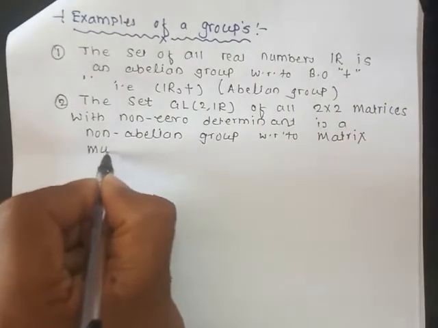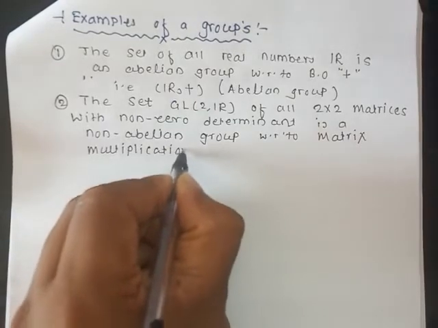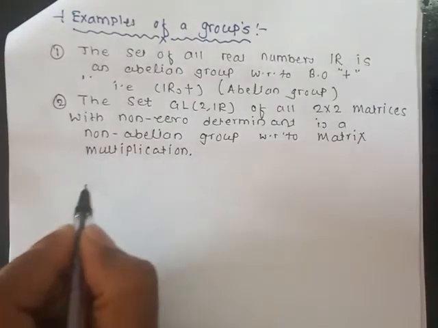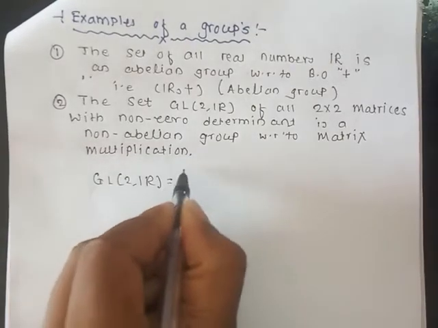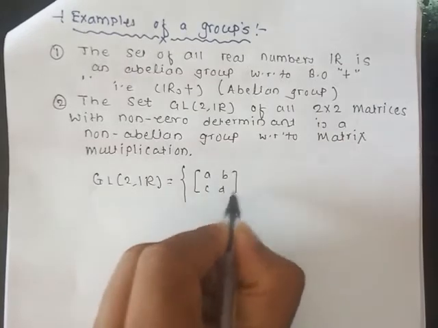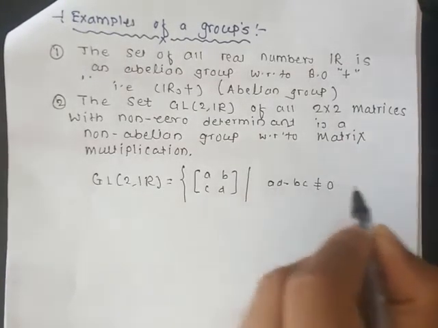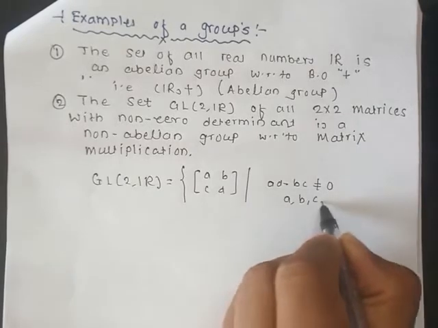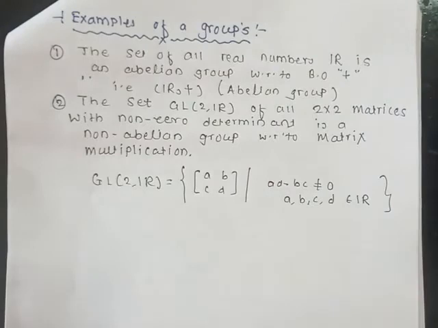So what is GL2R? GL2R is the set of all 2 by 2 matrices such that the determinant AD minus BC is non-zero and all the elements belong to R. It is a non-abelian group.